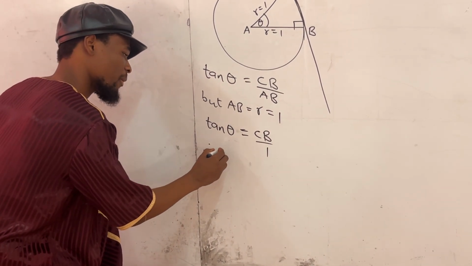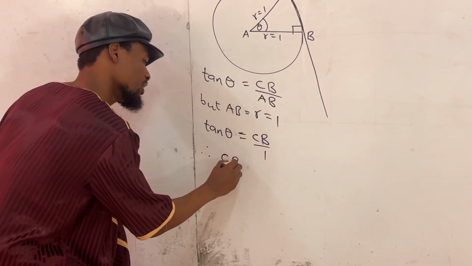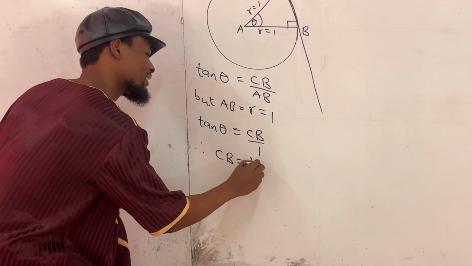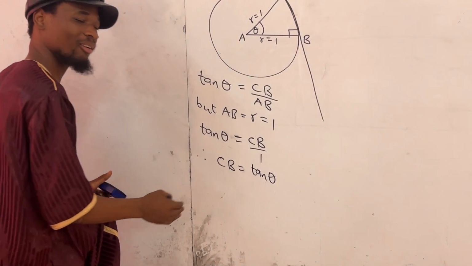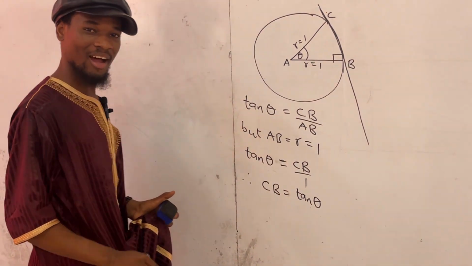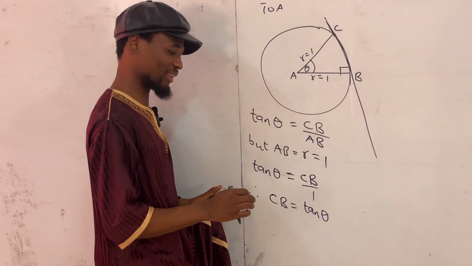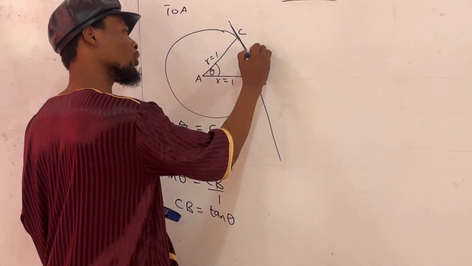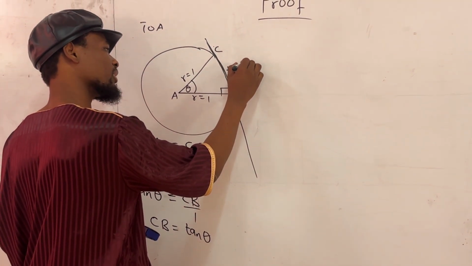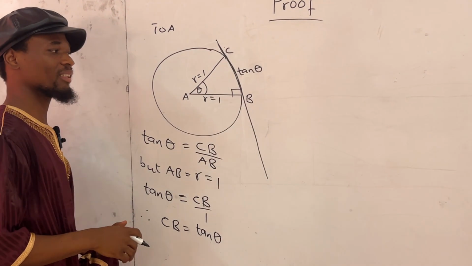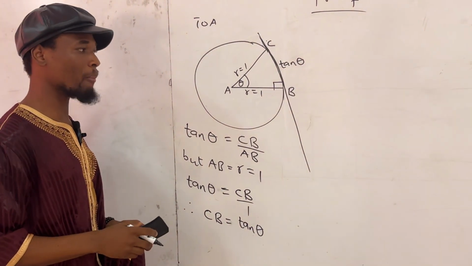So therefore, CB is the same as tan of the angle theta. As simple as that. So viewers, in view of that, I'll put theta here, tan theta here, representing that CB or BC.